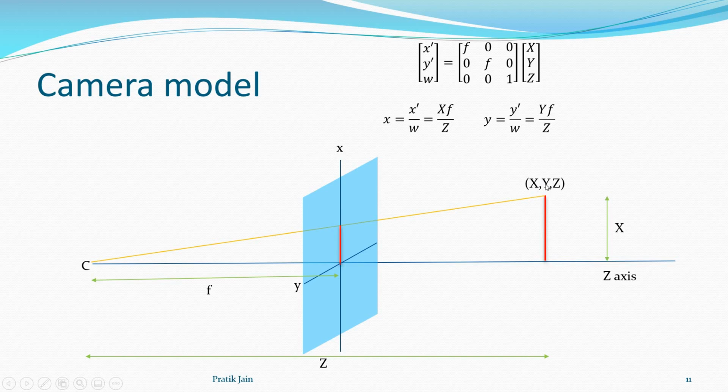From here to here is X, Y is perpendicular to the image screen, and this is Z. So you get capital X upon Z. Manipulating a little, multiplying by f on both sides, you get the formula again: small x is equal to capital X into focal distance upon Z. You can similarly derive that for Y.